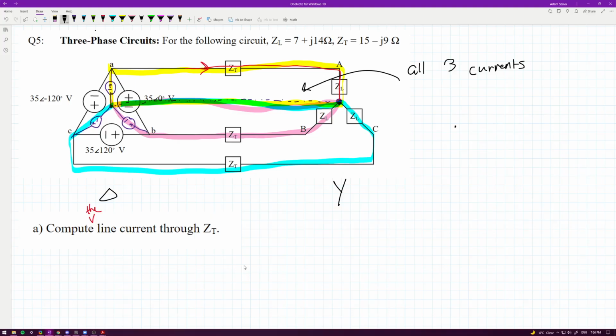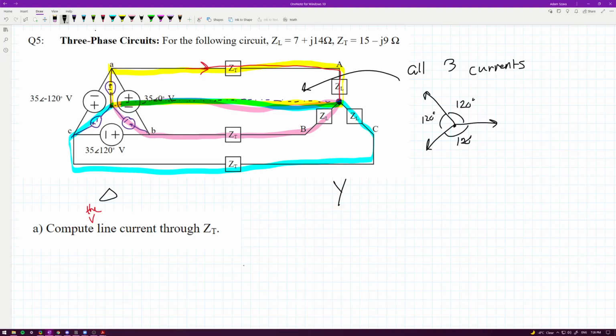Since the currents are complex numbers which are out of phase with each other by 120 degrees, they add to 0. Imagine adding these vectors together, you would get 0 as your answer. So that's why there's no current through the neutral line.